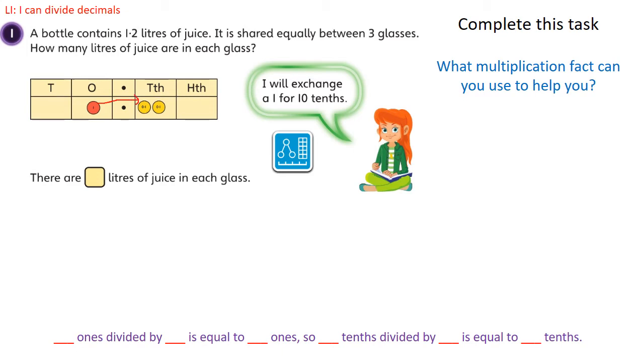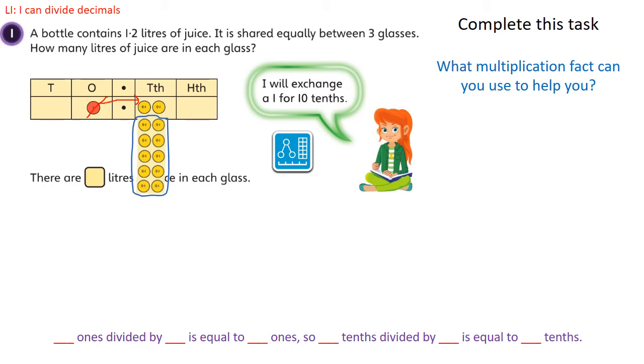1 whole one is worth how many tenths? You're right, it's worth 10 tenths. So I want to exchange my 1 whole one for 10 tenths. Here we are. How many tenths do I have now?